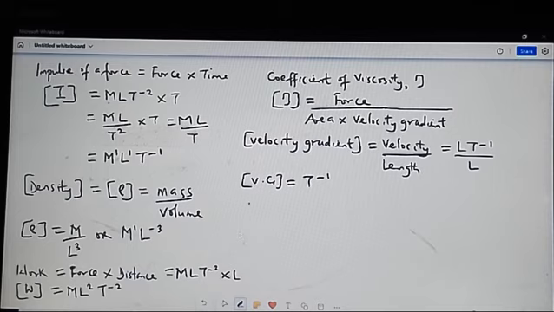So the dimension of coefficient of viscosity will be equal to force, which is M L T to power minus 2, all over L squared times T raised to power minus 1.